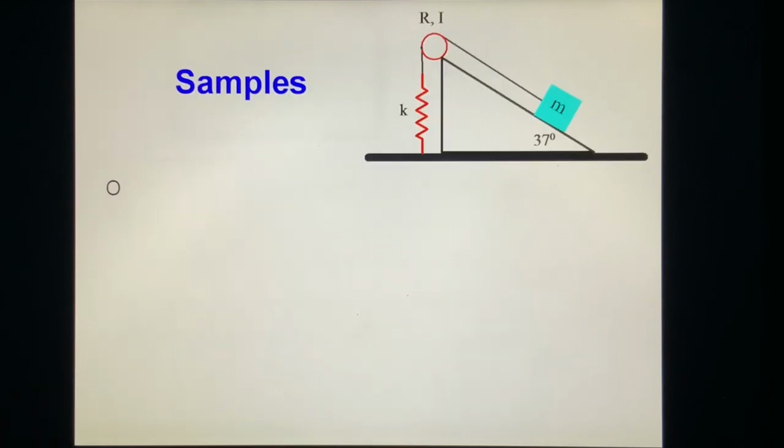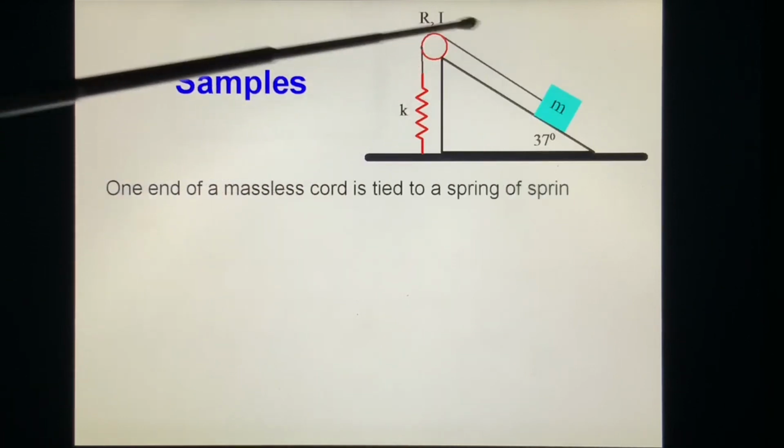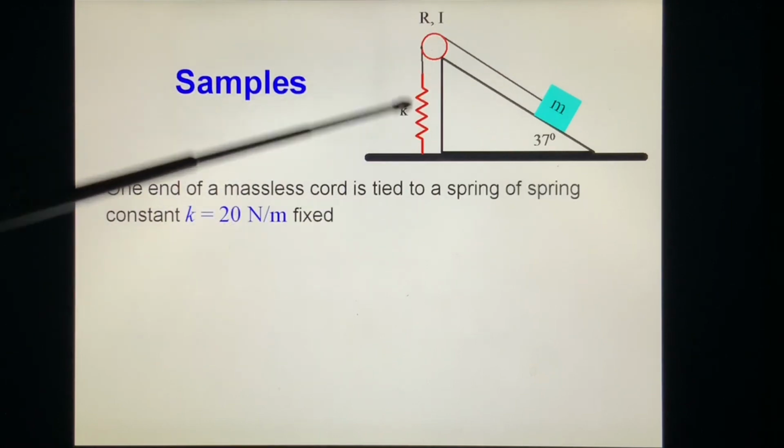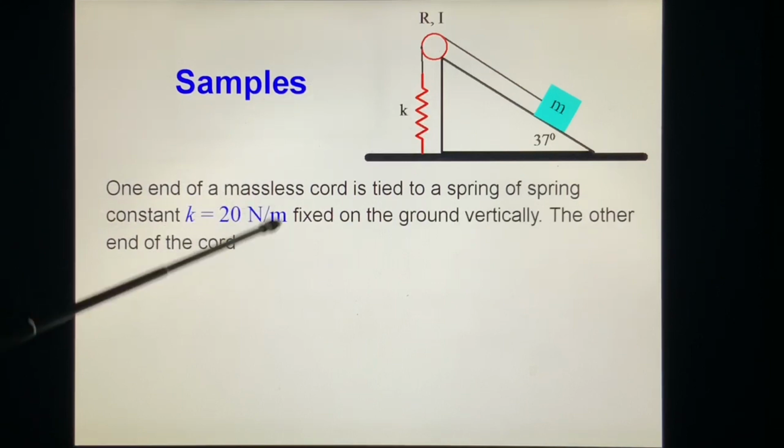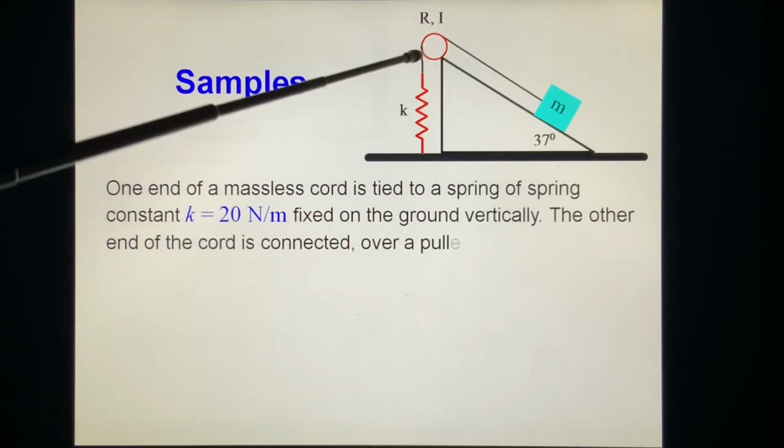Sample. One end of a massless cord is tied to a spring of spring constant k = 20 Newton per meter, fixed on the ground vertically.